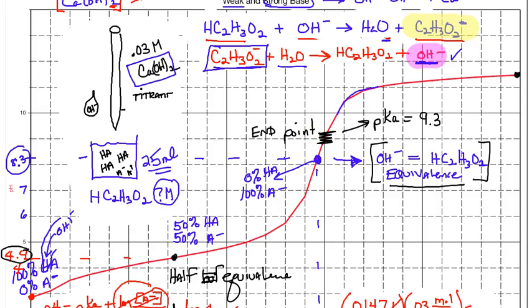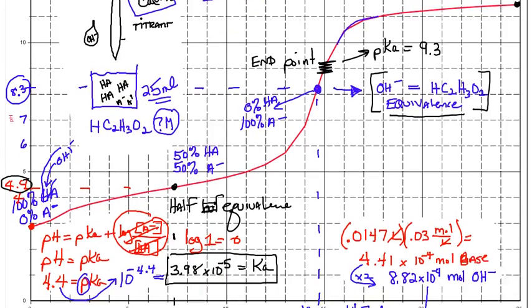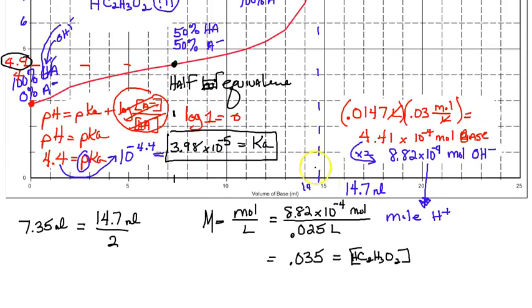Beyond the equivalence point. So if we looked at, we're at 14.7. So from 25 minus 14.7 is going to give me the total amount of milliliters of base that was added.